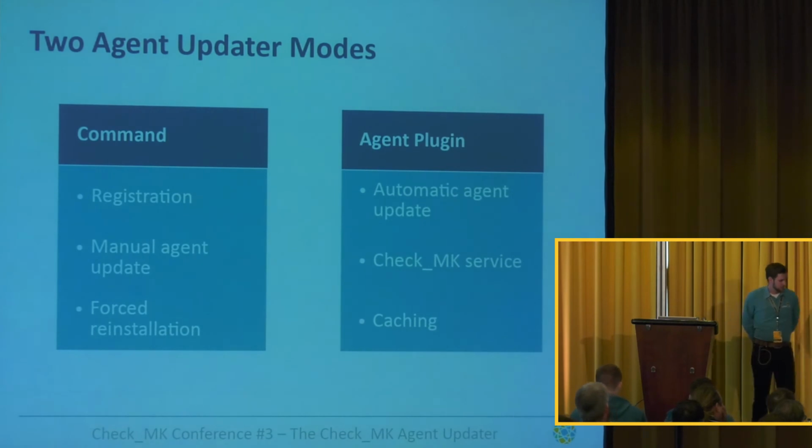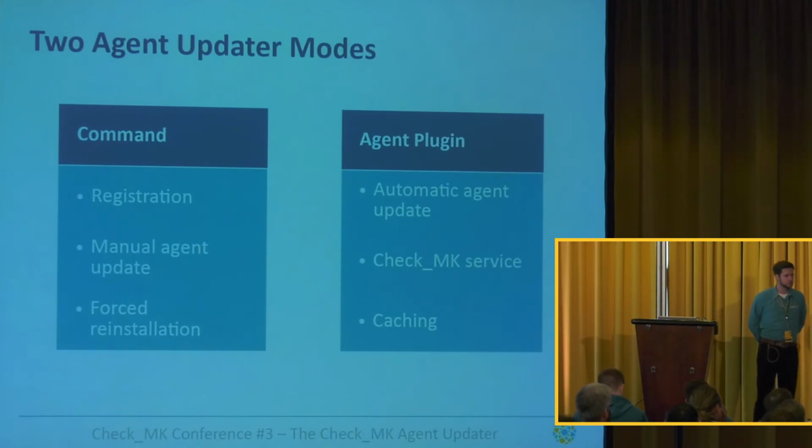Okay, just very briefly as an overview, I always talked about the fact that it's also available as a plugin, this agent updater. So that means we have the command and also the agent plugin. The command works in a way that we can indirectly access it with root rights, as I just did.